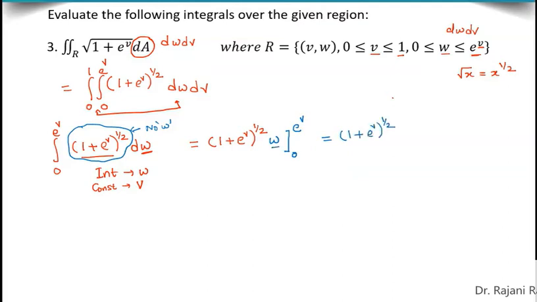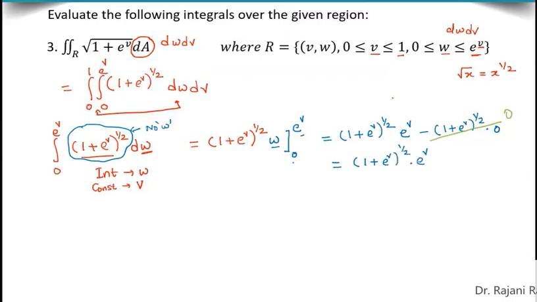When we replace w by e power v, it becomes e power v minus 1 plus e power v and its power half multiplied by, replacing by 0. So as 0 multiply anything becomes 0. So this total term vanishes. So what we have? We have now 1 plus e power v, its power half times e power v.